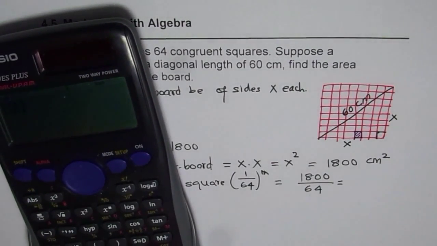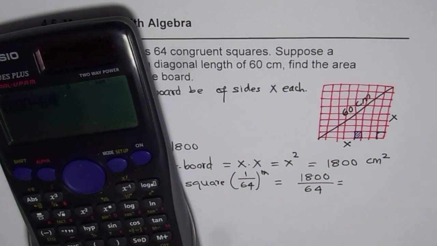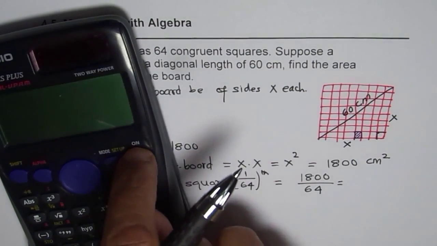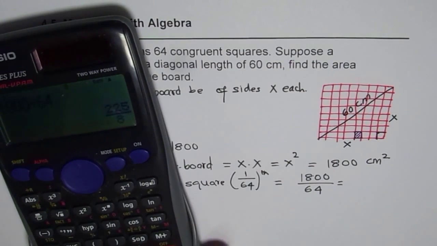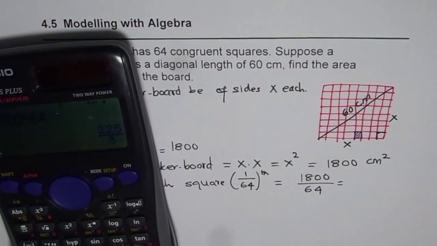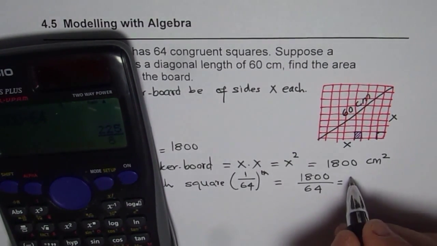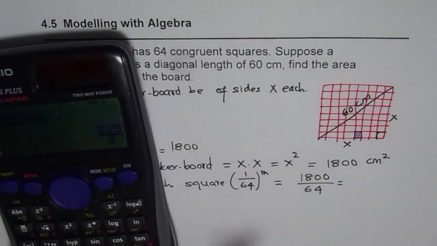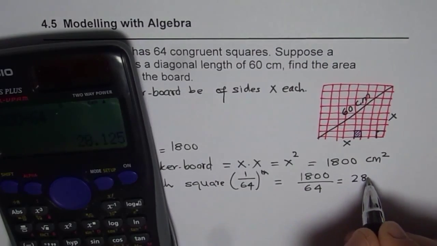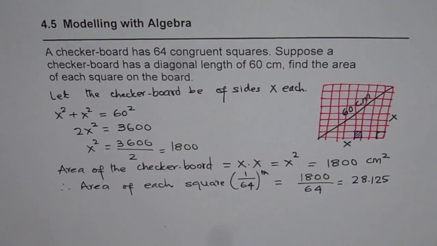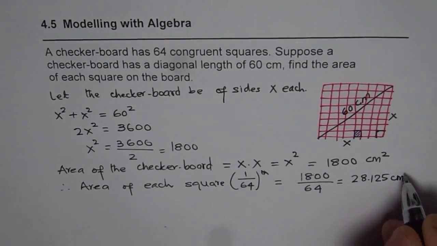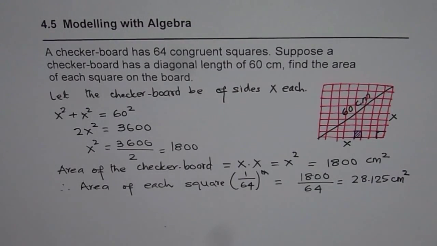We get 1800 divided by 64 equals 225 by 8. Okay, let's write it in decimals. So it is 28.125 centimeters square. So that is how we can solve it.